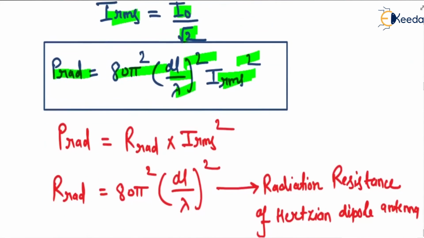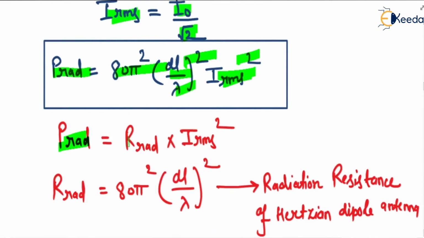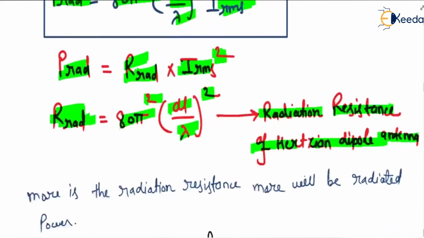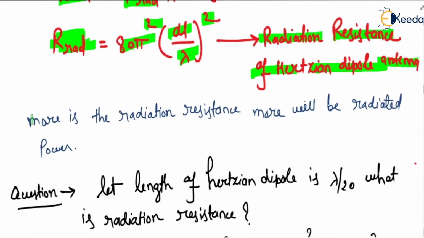So from here, radiated power is equal to radiation resistance into I RMS square, and the radiation resistance is 80 pi square dl by lambda whole square. This is called the radiation resistance of the Hertzian dipole antenna. So the more the radiation resistance, the more the radiated power.